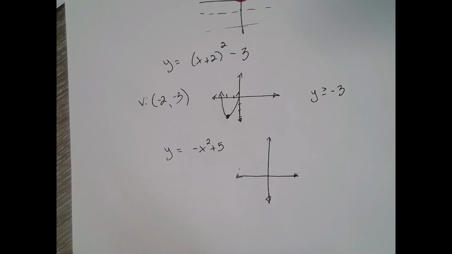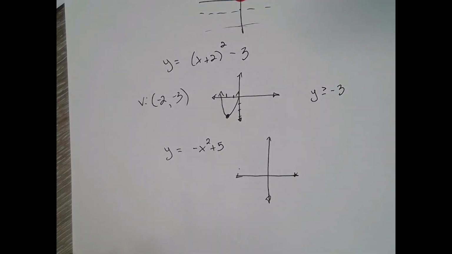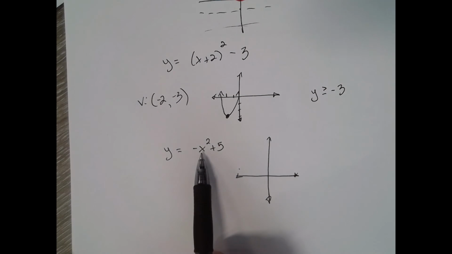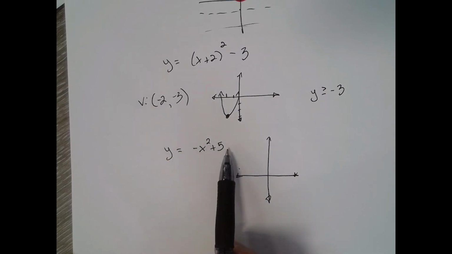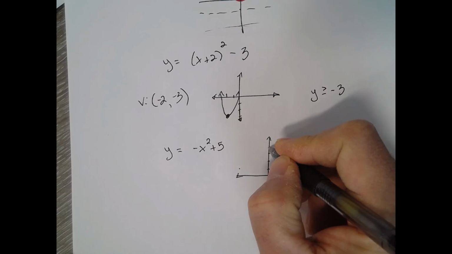Again, it's not something you should know yet, but it's possible because we've talked about it. Well, there's nothing in parentheses here, so it does not go left or right, but the plus 5 moves it up 5. So if I was going to graph this, it would be right here.